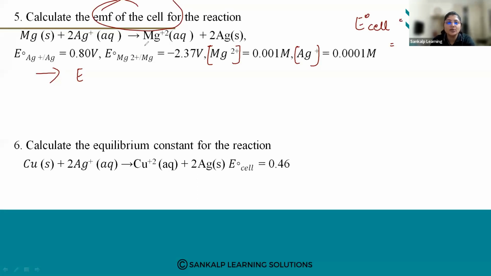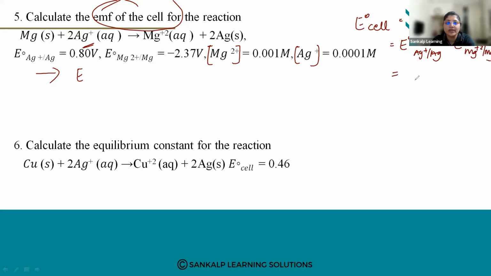E naught of cathode, the reaction is Ag, so E naught of Ag+/Ag minus E naught of Mg2+/Mg.